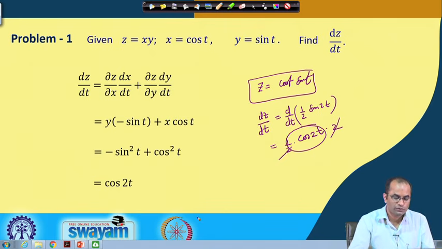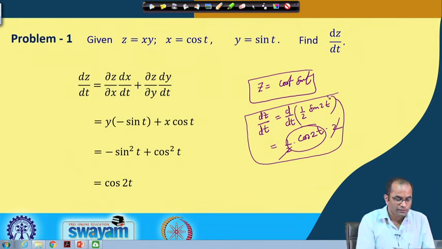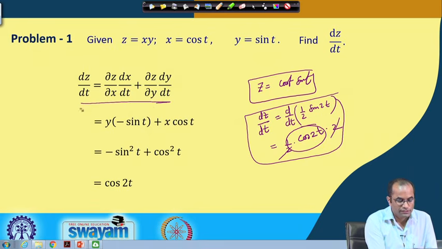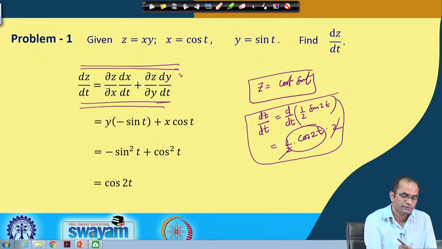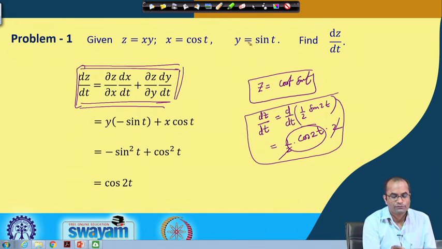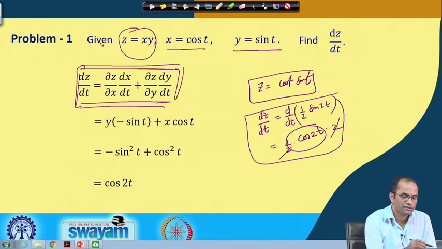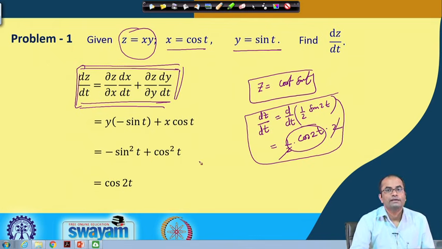So, we have cos 2t directly as well, but we used here the idea of differentiation of a composite function, and with this formula we do not have to substitute the values of x and y into the function, but directly with the help of the partial derivatives of z, we can get the derivative of z directly with respect to t.